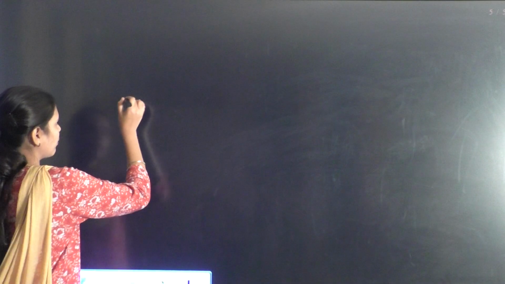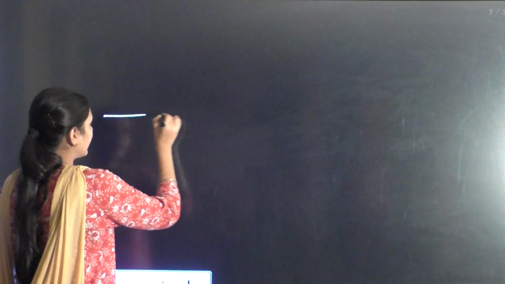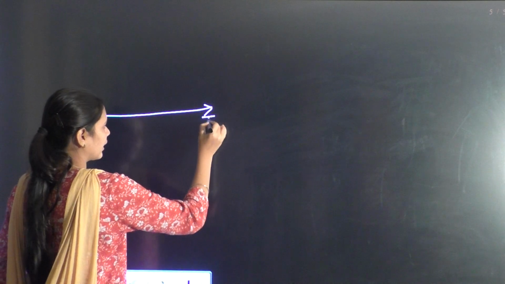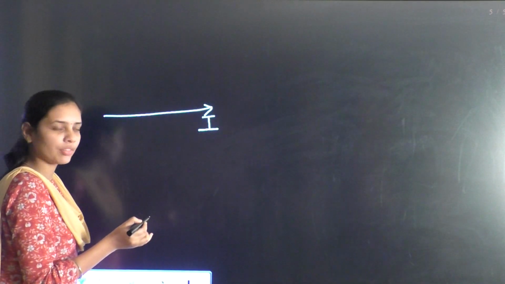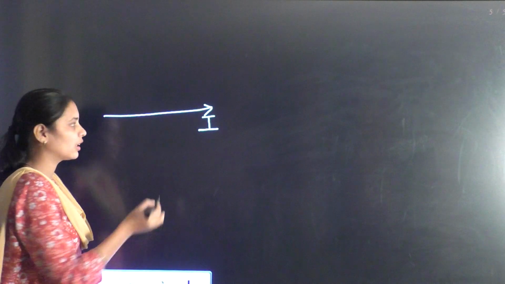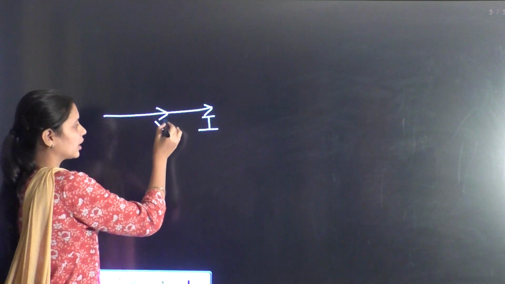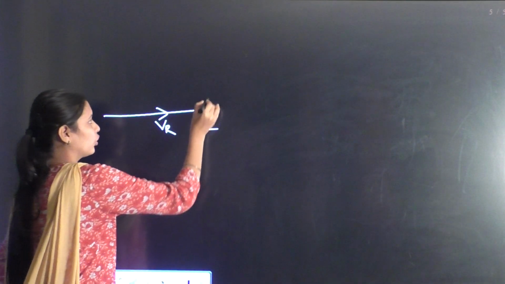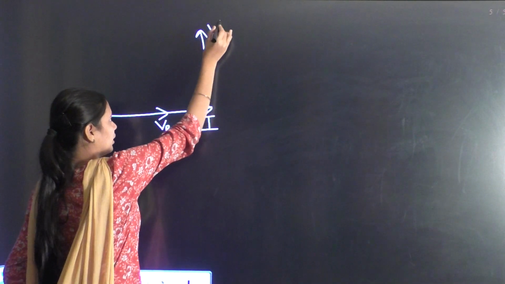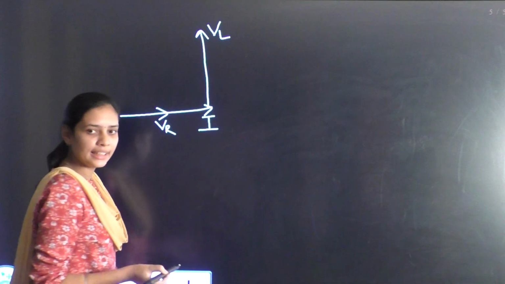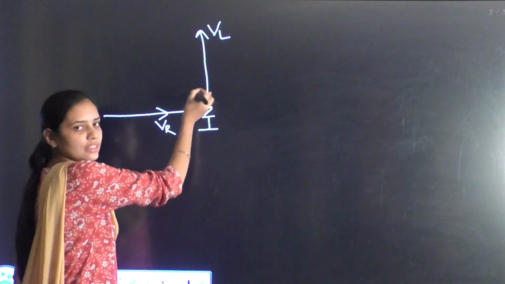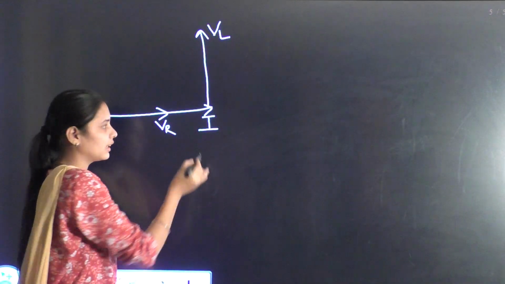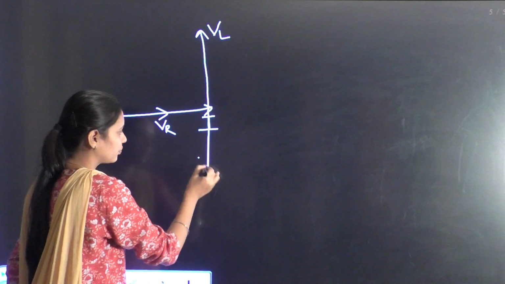I have discussed the phasor diagram: this is the current that I have taken to be the reference. The voltage across the resistor will be in phase with the current, and the voltage across the inductor will be leading the current by an angle of 90 degrees.